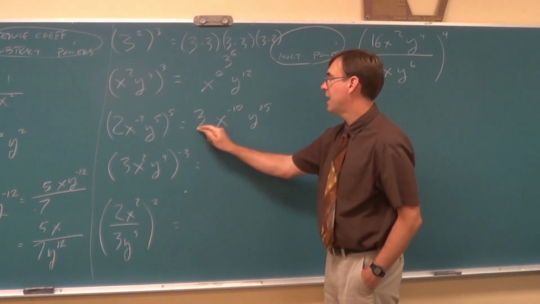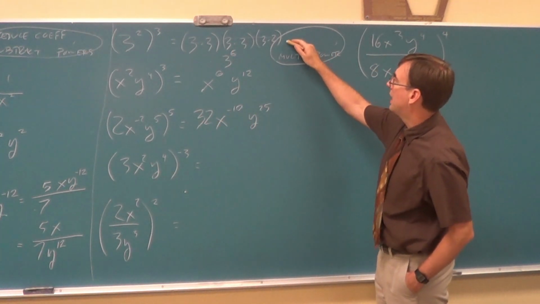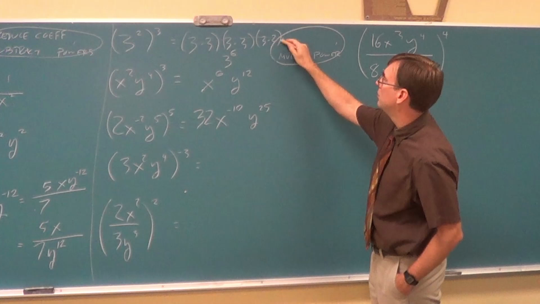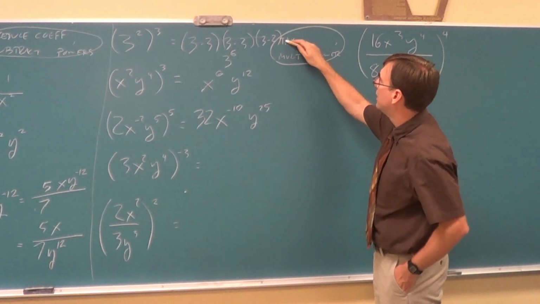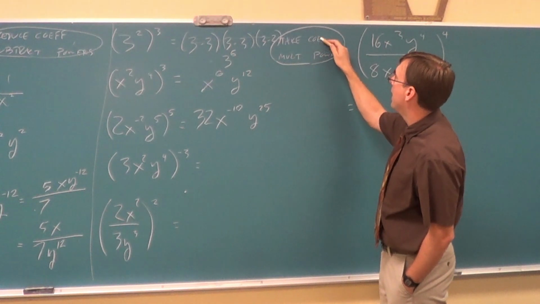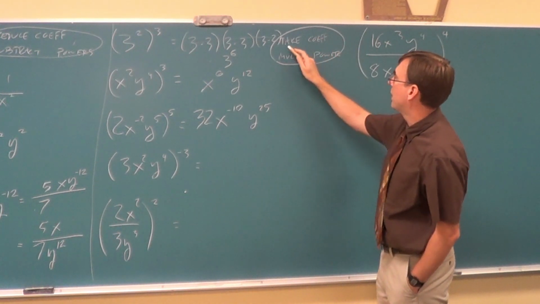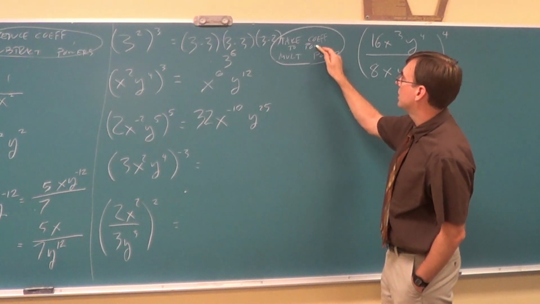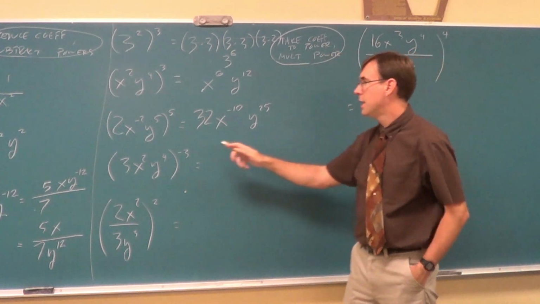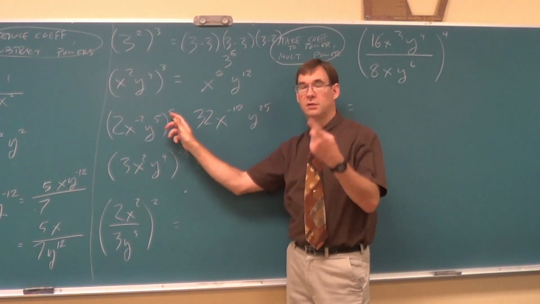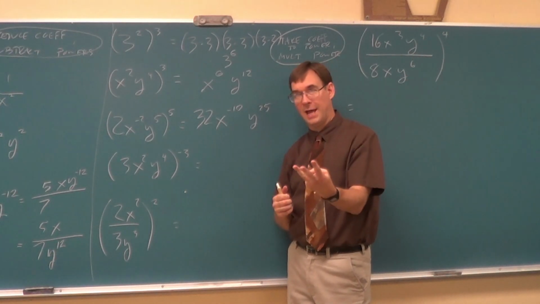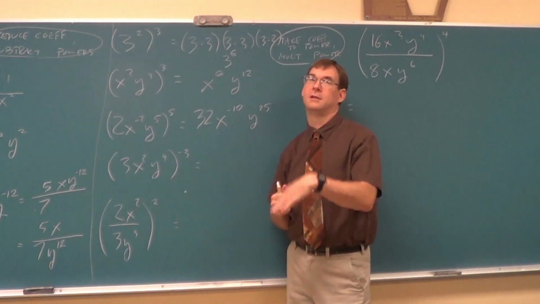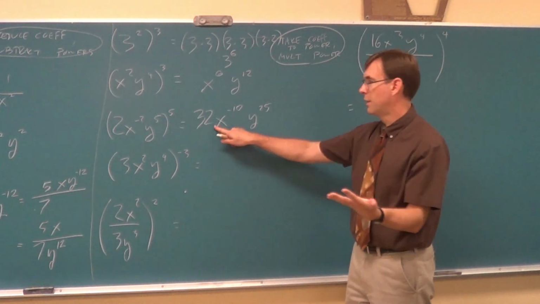The 2 changes to 32 because we have to take the coefficient to the power. If we get a coefficient sneaking in there, take the coefficient to the power. So we need to do 2 to the 5th. So 2 times 2 is 4 times 2 again, 8 times 2 again, 16 times 2 again. That's where that came from.